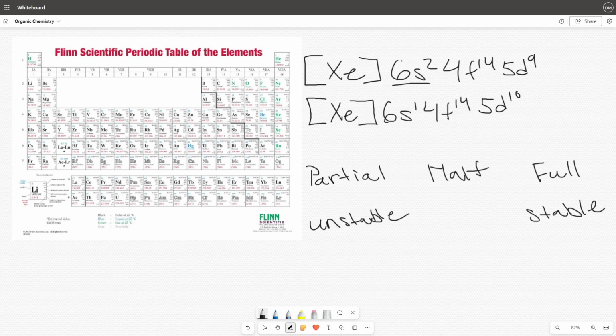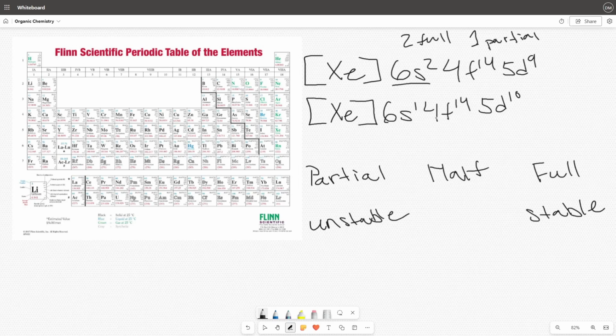We can compare the rest of these 3 orbitals, the 6s, the 4f, and the 5d. In this case, if you look at the first one, you have 2 full, that being the 6s and the 4f, and 1 partial.